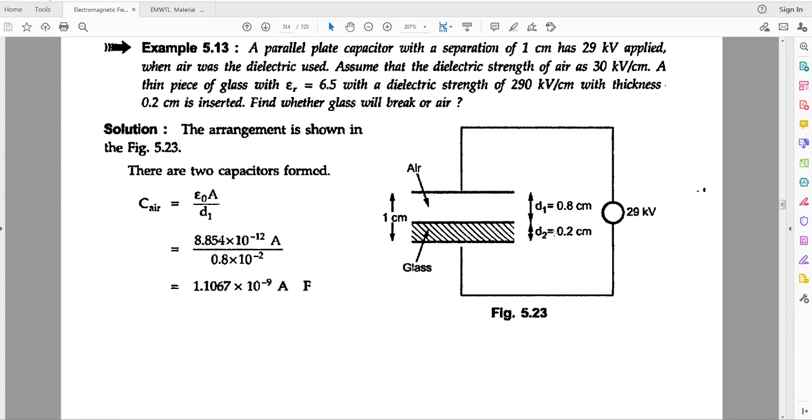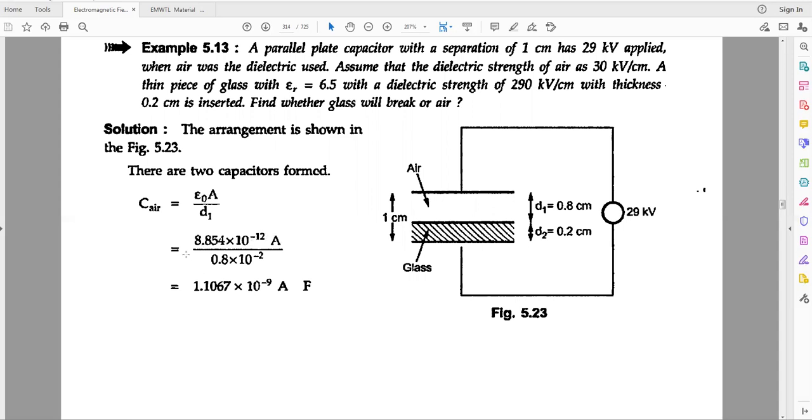See, this is a parallel plate capacitor. We can take the distance D1 equal to 0.8 centimeters and D2 equal to 0.2 centimeters. The applied voltage is 20 kilovolts. We know the capacitance of a parallel plate capacitor is C equals epsilon A by D, where epsilon is epsilon naught, 8.854 times 10 to the power of minus 12.